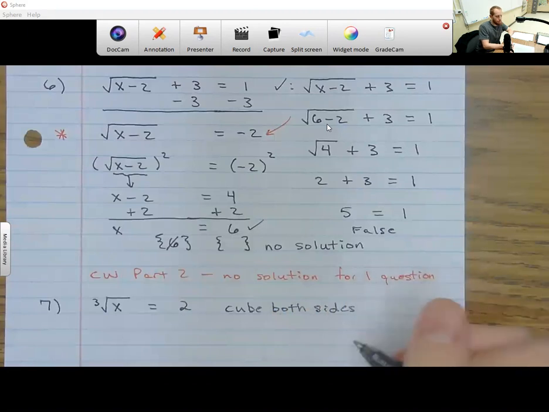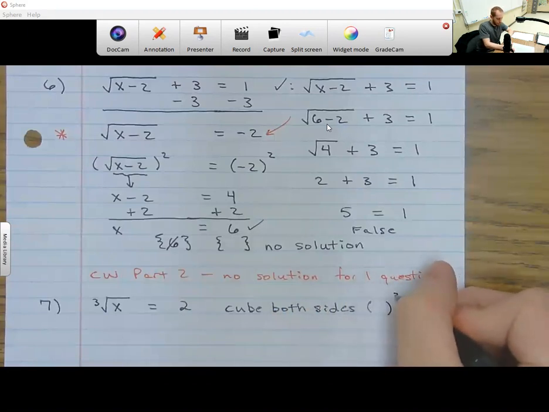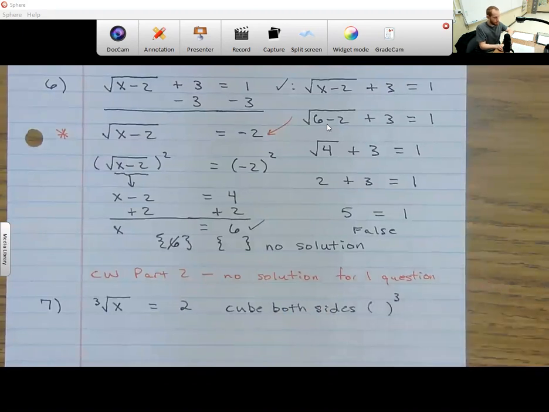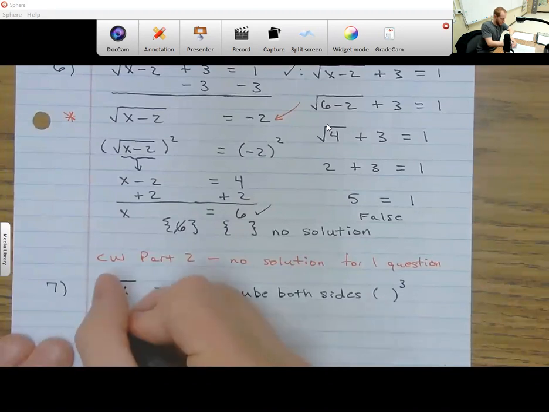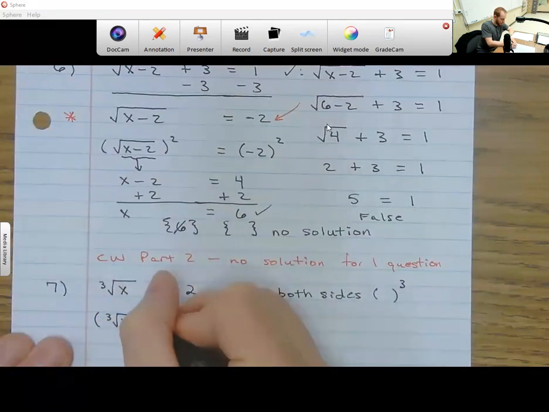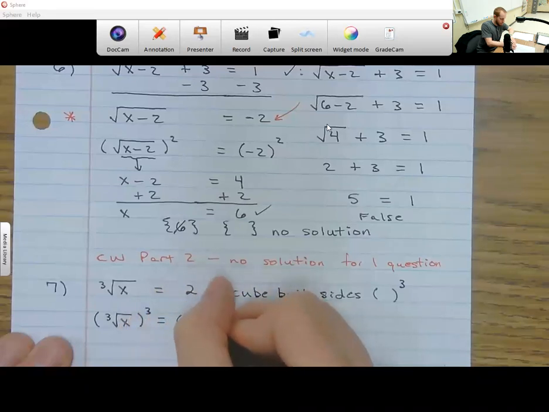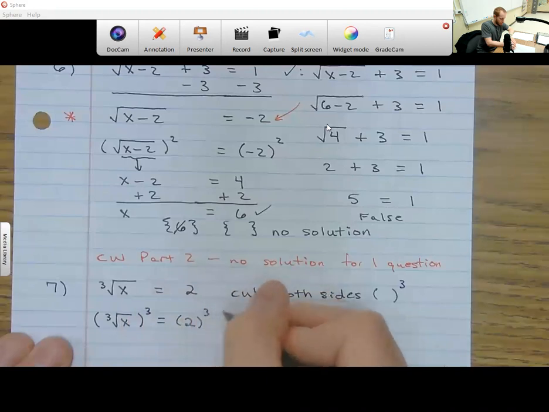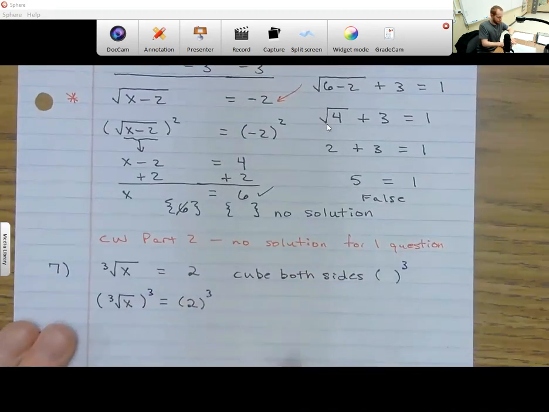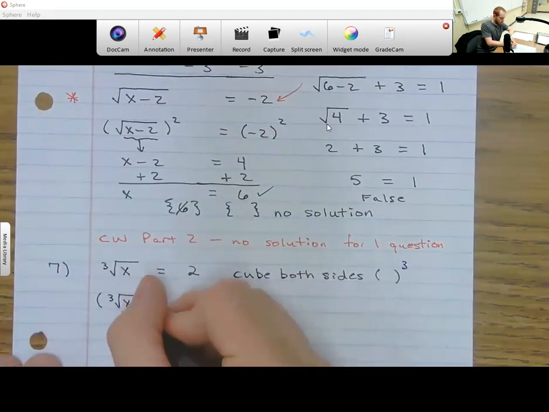And that's going to involve putting everything in parentheses like this, and then cubing both sides. So let's take a look at how this would work. I would put this whole radical in parentheses, cube it, then cube this, right? Whatever's on the inside of the radical is going to come out.